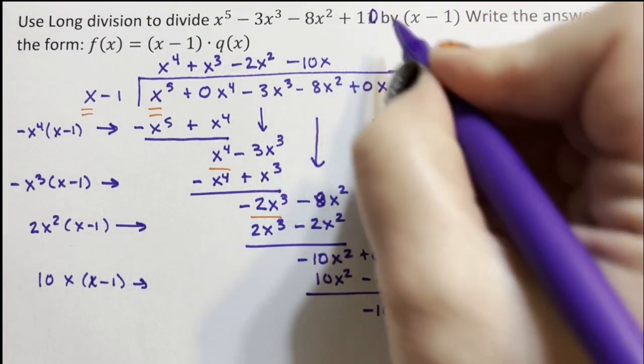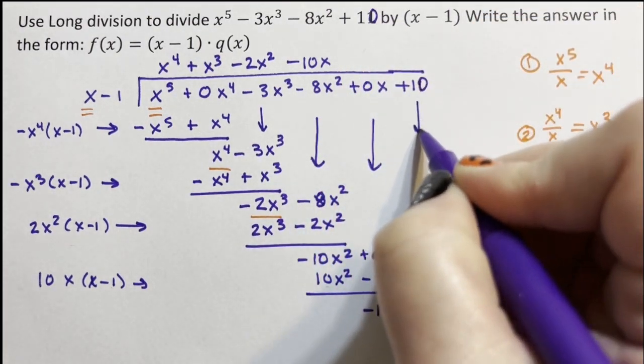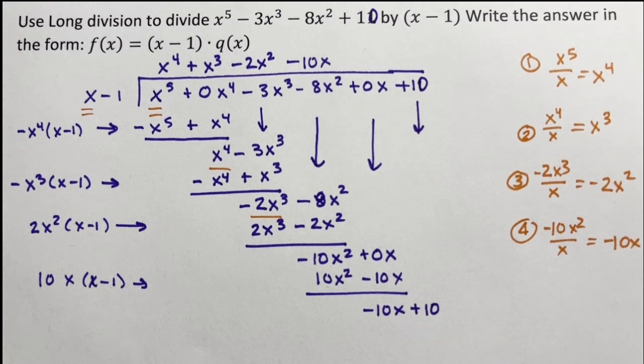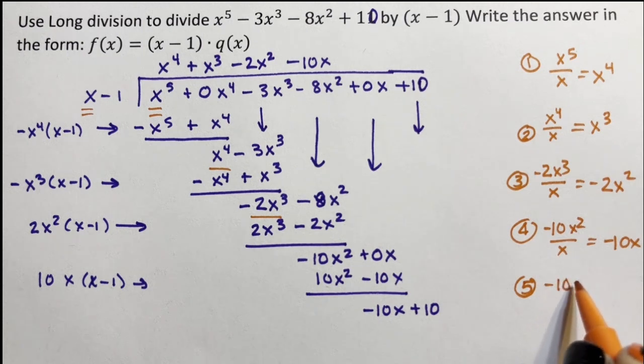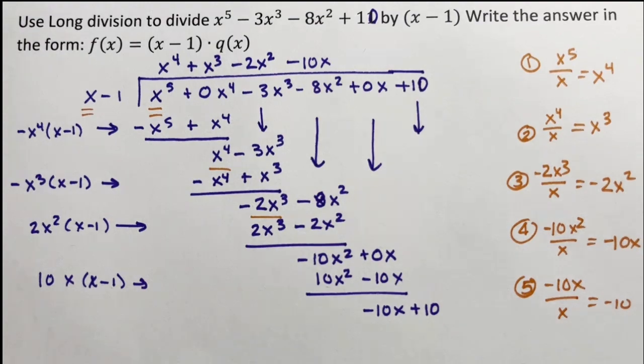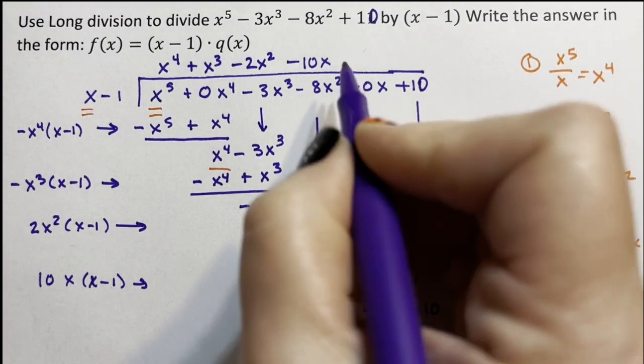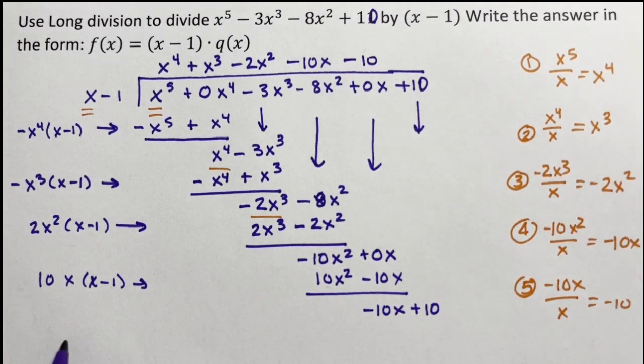This should be plus 10. Minus 10x divided by x is negative 10. And then 10 times x minus 1 is 10x minus 10 and 0.